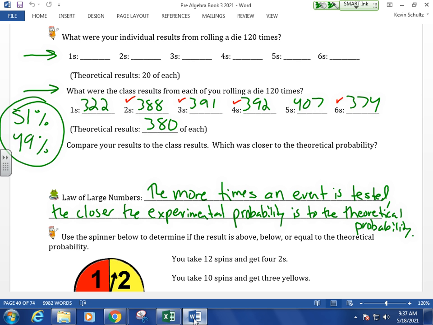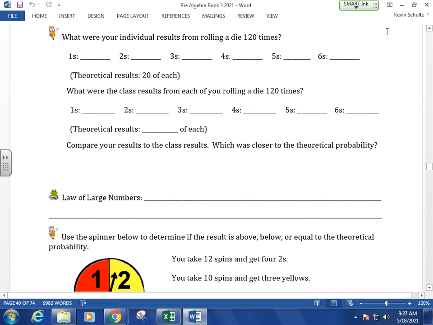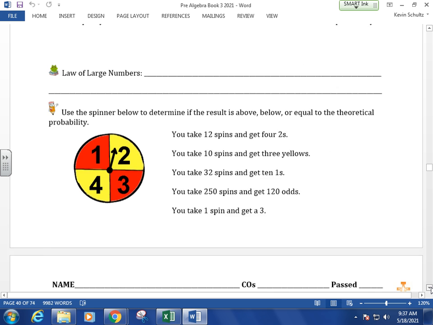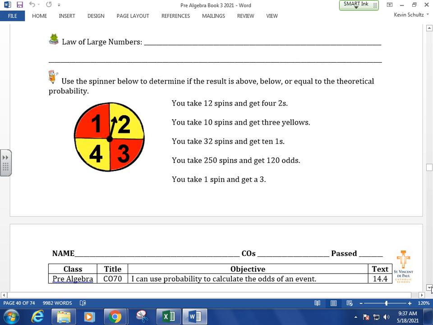Okay, so the experimental probability is what actually happens, and the theoretical probability is what should happen. So down here, you've got a spinner. I think yours is in black and white, so you can see which sections are red and which sections are yellow here.